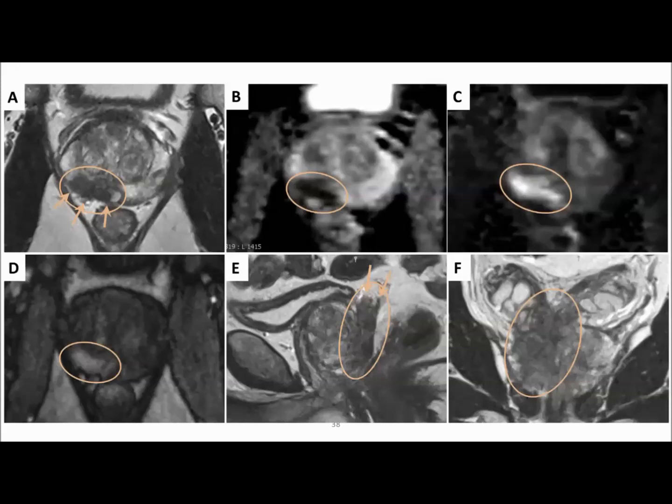So there is a high probability of extension beyond the capsule, which is considered as extraprostatic extension. And for every extraprostatic extension, the lesion has to be characterized as PI-RADS category 5 lesion.